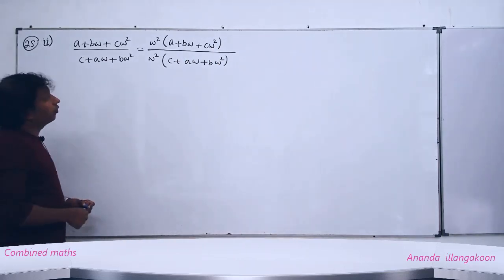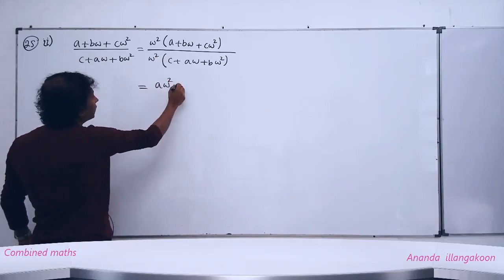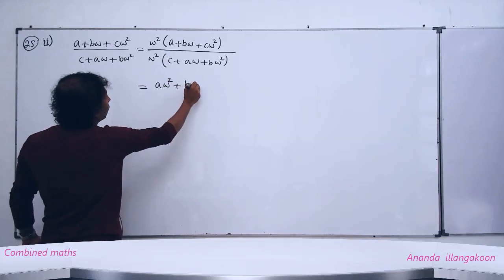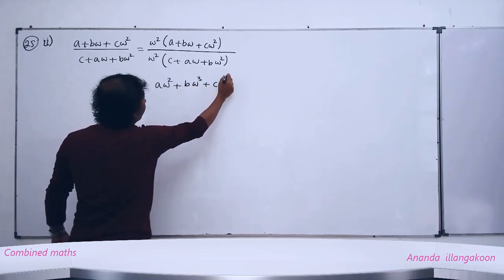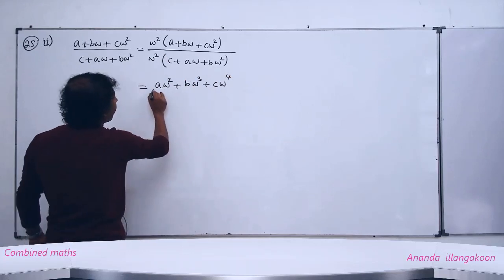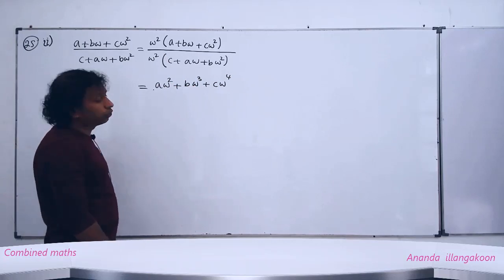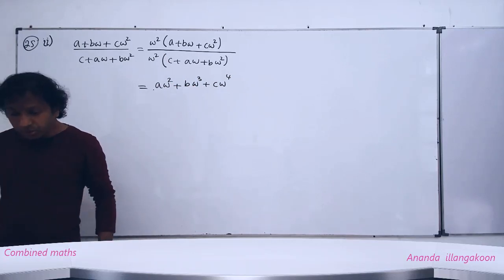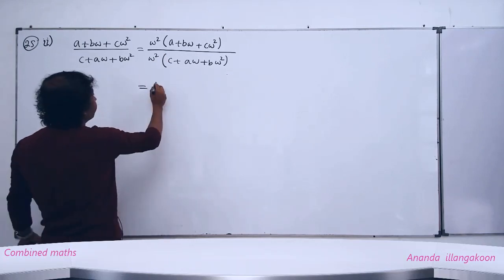Right, so once you remove the bracket by multiplying by omega squared, the numerator is a omega squared plus b omega cube plus c omega 4. No, we'll keep the numerator as omega squared, because the answer is to be shown as omega squared.